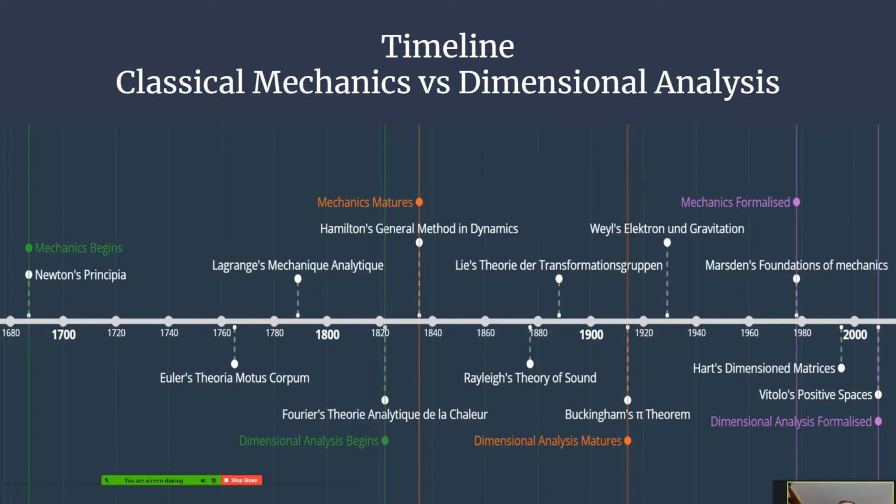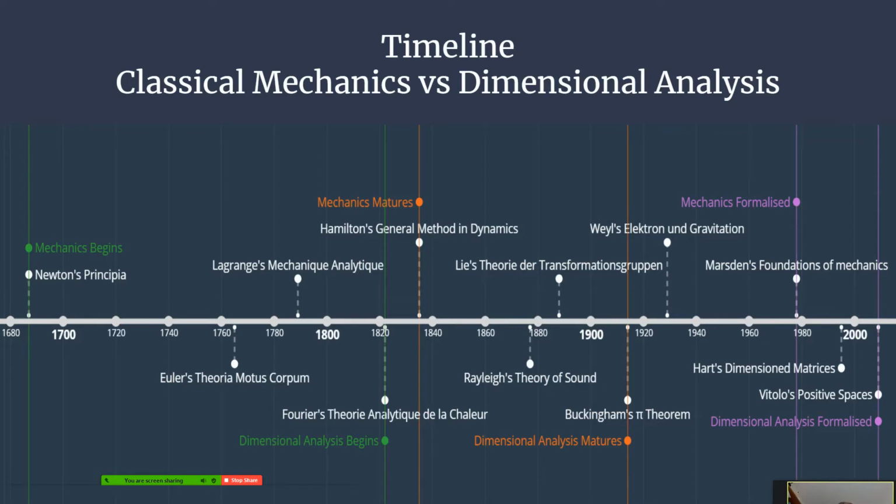I obviously begin at the beginning with the Principia, a symbolic beginning of mechanics at Newton's, and then we have some landmarks: Lagrange's, Hamilton's, Lie's, Weyl's for gauge theory, and then some references for a modern understanding of classical mechanics, such as Marsden's or Arnold's, could be someone else's. The point here is that I want to emphasize roughly when a subject is beginning, maturing, and being mathematically formalized. These are very rough dates.